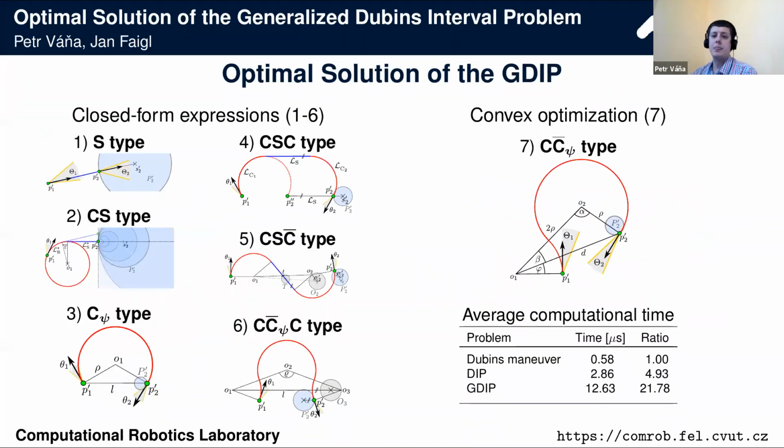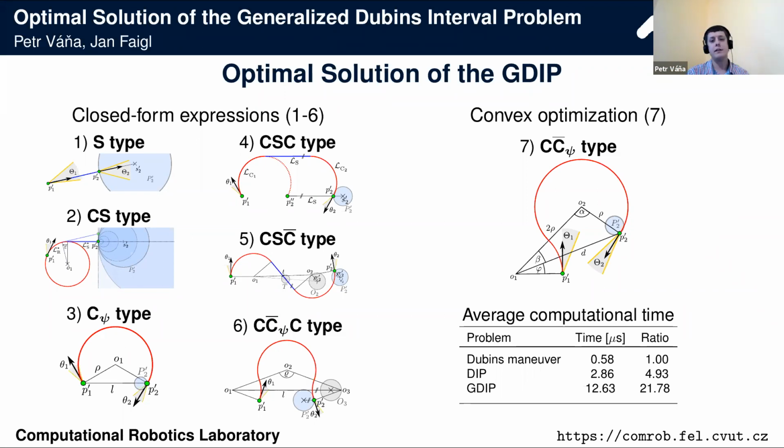Here you can see that we have identified several cases that we need to solve. These cases come from the Dubins interval problem with all the constraints, but we don't have the two locations exactly, but one location needs to be selected from a disk-shaped region. By the way, we can use a different shape of the regions, but for simplicity and more readability, we just focused on the disk-shaped region, but otherwise it would also be possible.